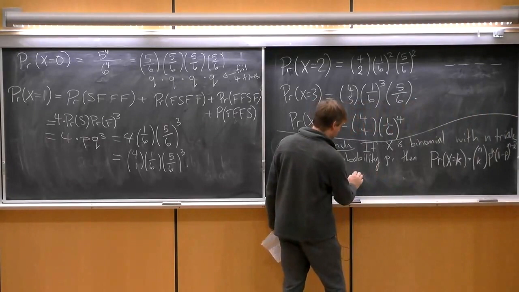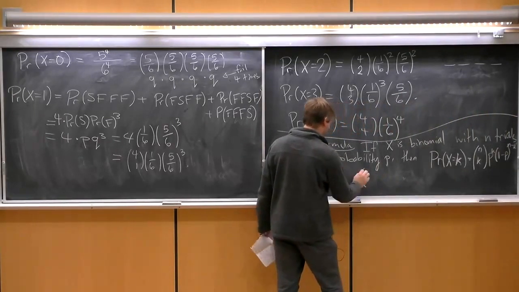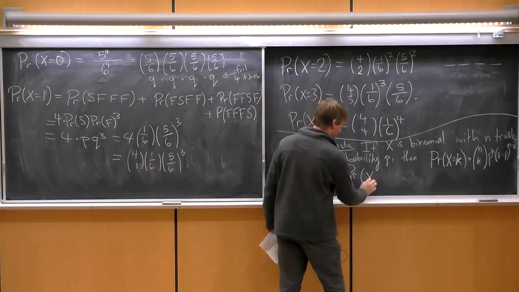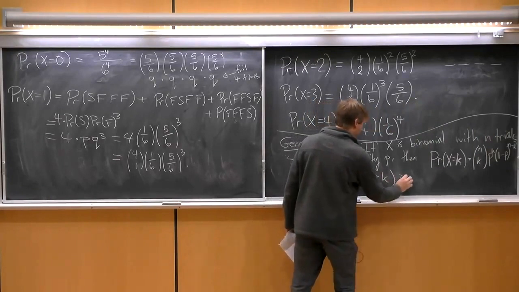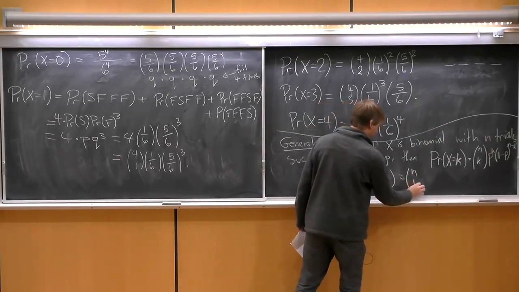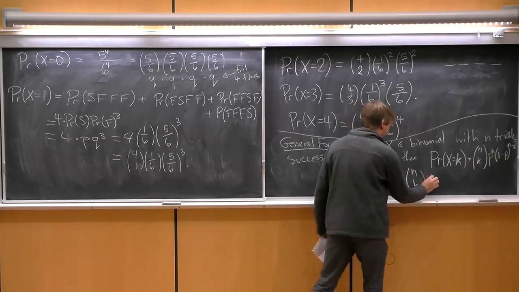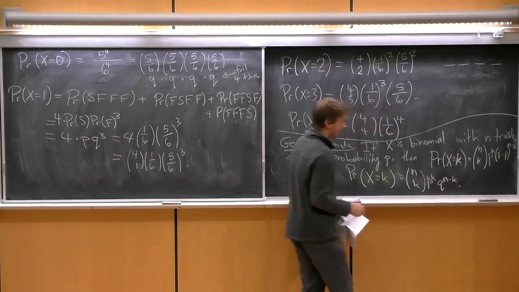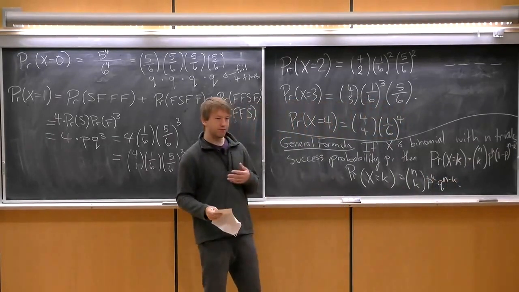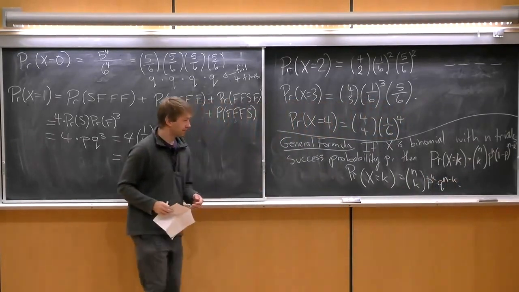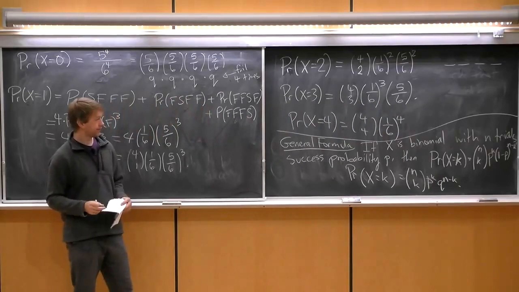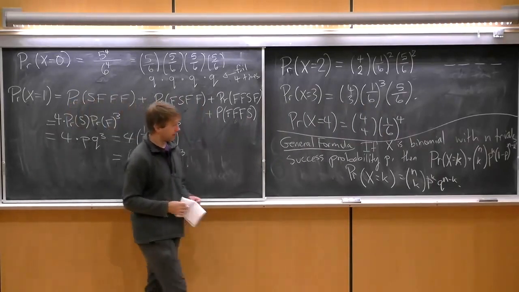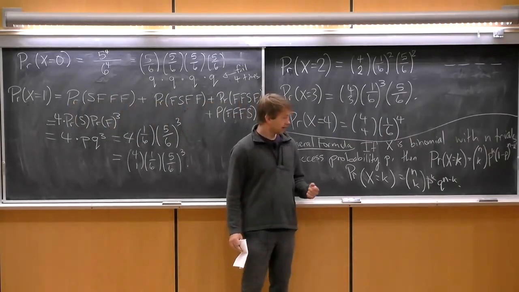Or in other words, it's p to the k times q to the n minus k, right? Because remember, q is 1 minus p. Okay?